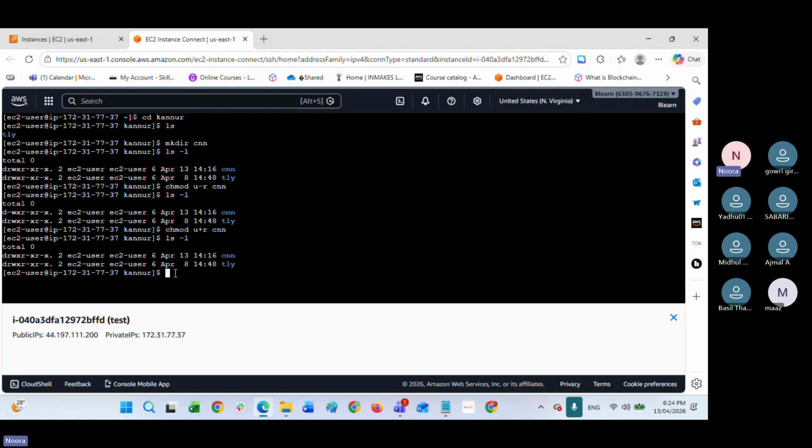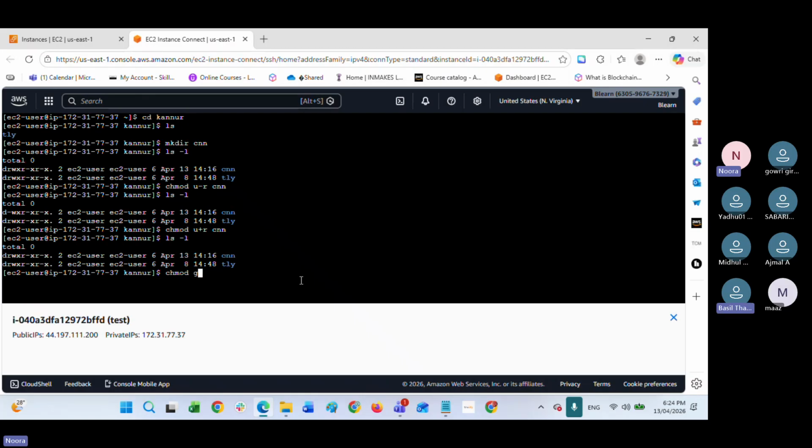What do I want to do? I want to remove execute from group. So how do I mention group? What is the short form? G. I said I want to remove. Which operation? Minus.